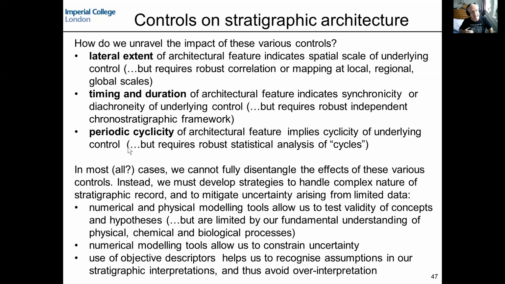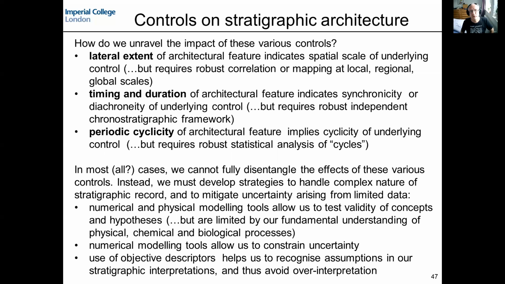And the third point here is if we see patterns being repeated, so cyclical patterns, that implies that the mechanism we infer as a control must be repeating again. It must be acting in a cyclical manner again and again and again.